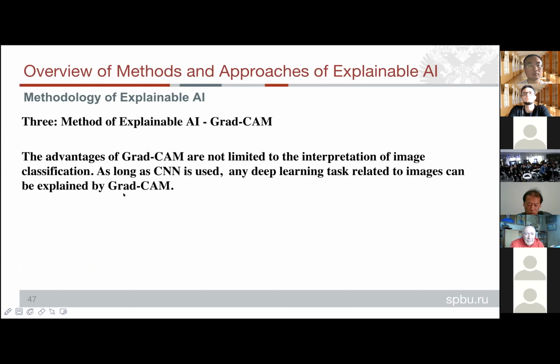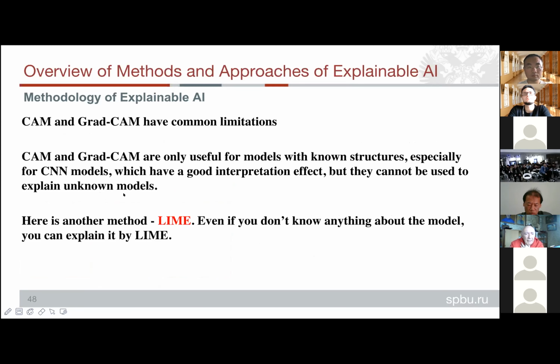As long as a CNN is used, any deep learning task related to images can be explained by Grad-CAM. But CAM and Grad-CAM have common limitations. CAM and Grad-CAM are only useful for models with known structures, especially for CNN models, which have a good interpretation effect, but they cannot be used to explain unknown models.